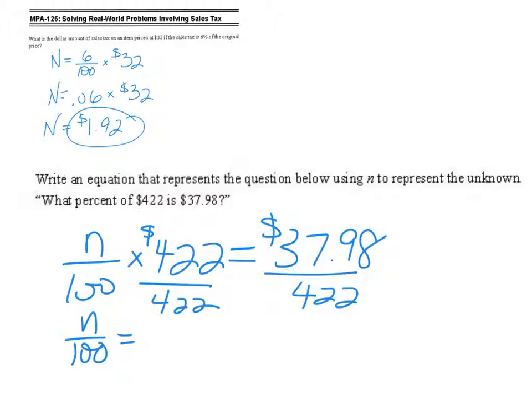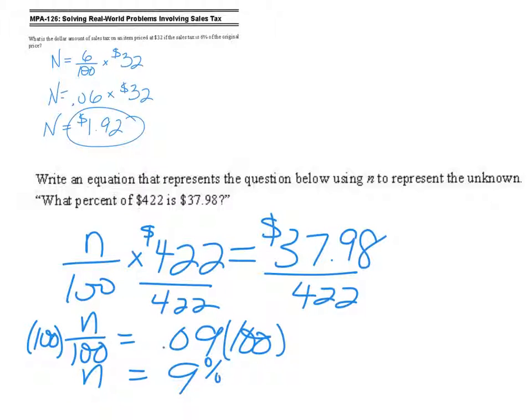I'm going to go ahead and solve it. They just said to write the equation, but why leave it unsolved? So if we divide both sides by 422, I get n over 100 equals 0.09. If I multiply both sides by 100, I get n equals 9%.